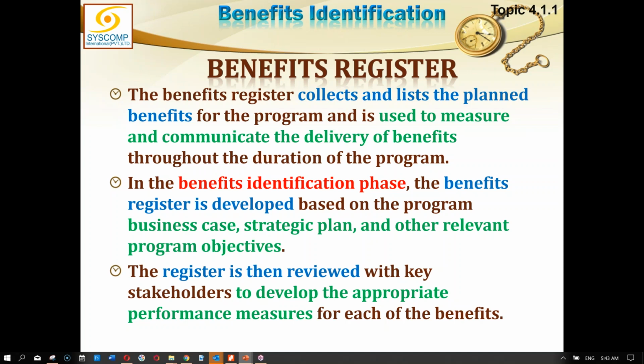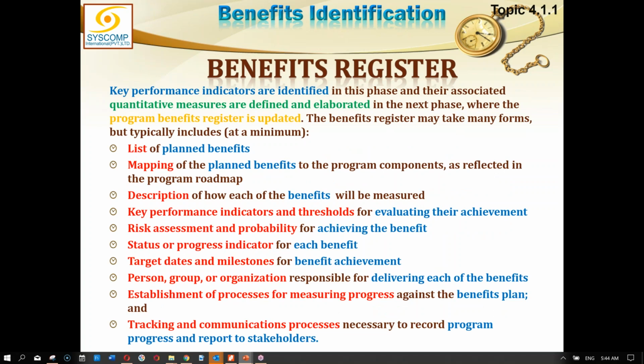They agree with what is there in the benefit register, so that we can develop the appropriate performance measures. These things are not to be done in isolation. We have to take the stakeholder into confidence while these documents are being created.